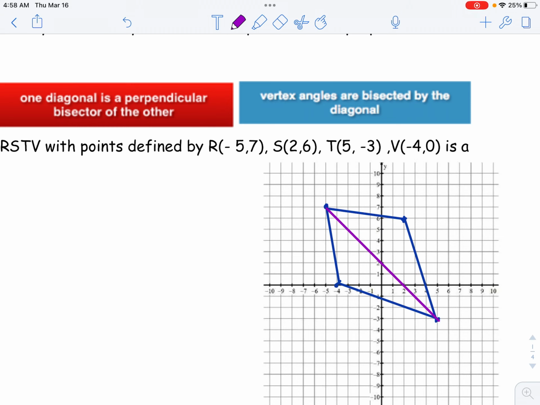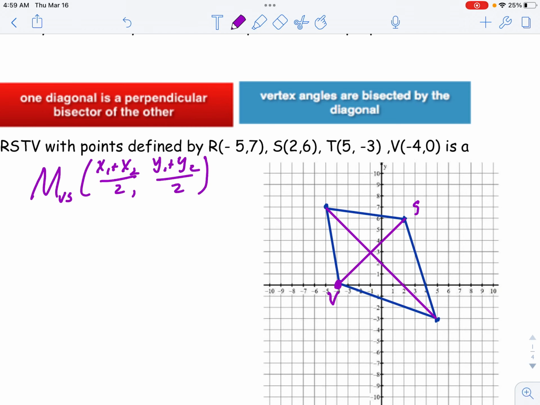Or we can see, are these perpendicular bisectors? That's another thing we could do. Alright, so we'd be focusing on V and S. Alright, so we're going to find the midpoint of VS, right here, x1, y1, x2, y2.